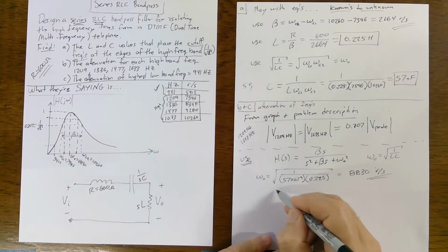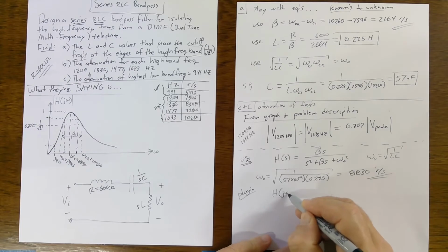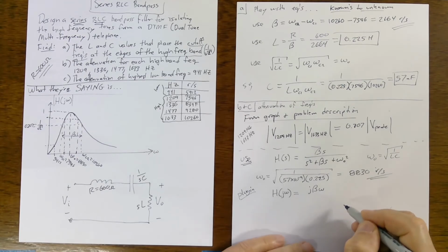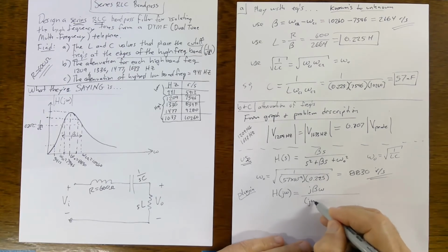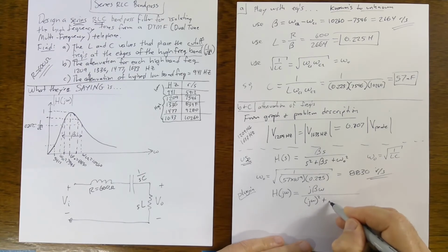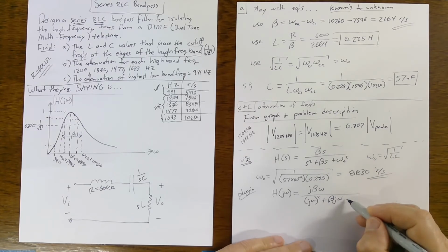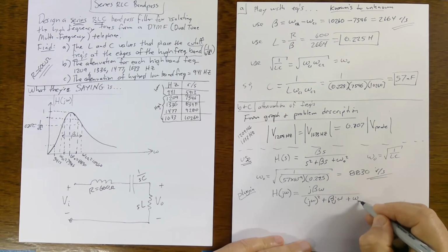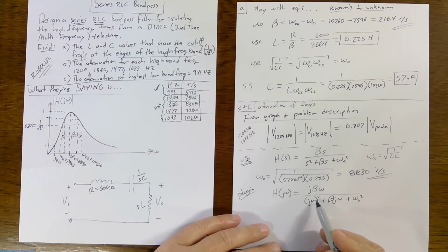If you do that, what you're going to get is H of j omega is j beta omega, or beta j omega if you prefer, over j omega squared plus beta s, which is beta j omega, and omega 0 squared is omega 0 squared.